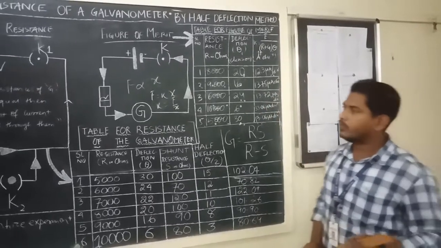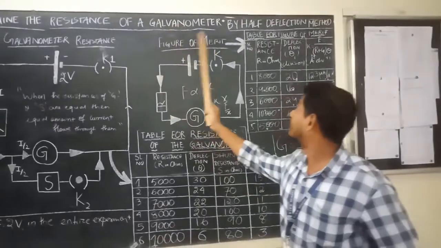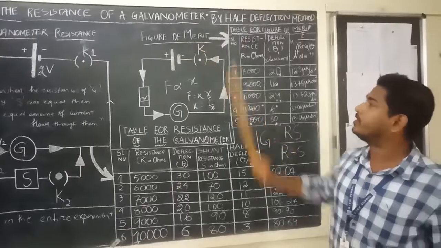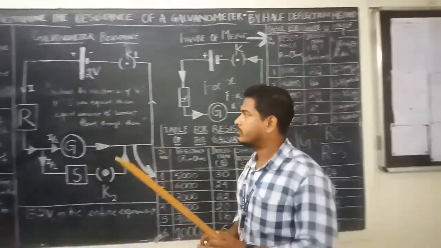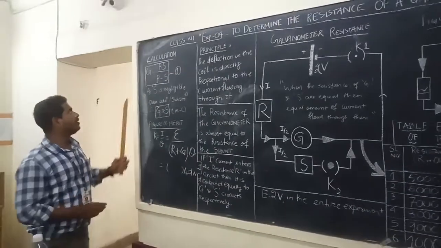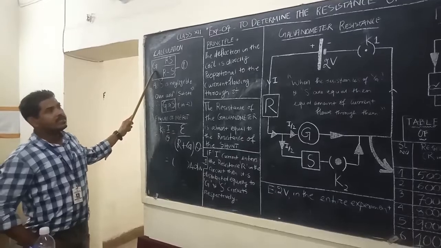I hope you all have understood how to determine the resistance of a galvanometer by the half-deflection method and finally find out the figure of merit. So I would like to do a quick recap of the experiment. In this experiment you have two calculations. One is calculating the resistance of the galvanometer.